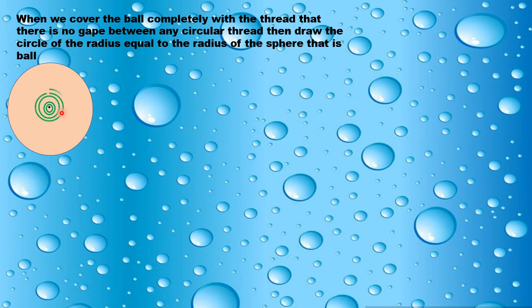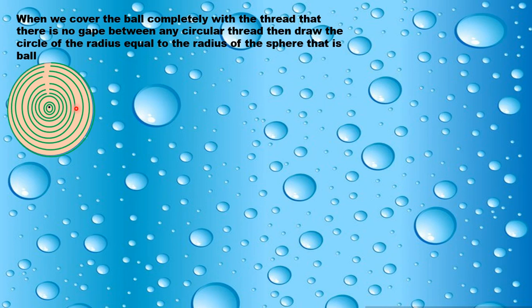At the end the thread is still left with us, but the first circle is completely covered. Now again we take the same circle of the same radius, and cover that circle also with the thread which was used to cover the ball.